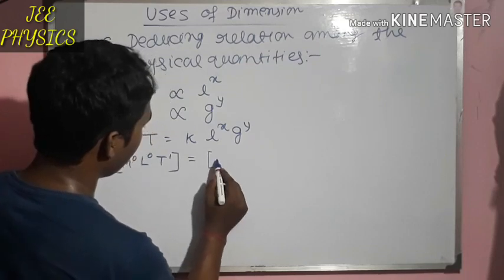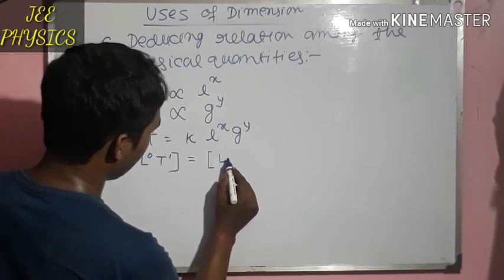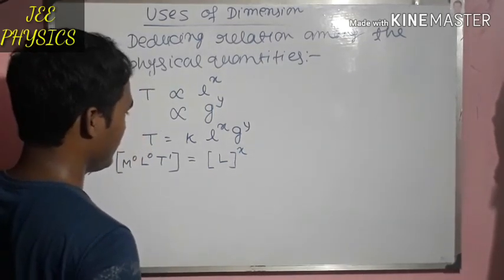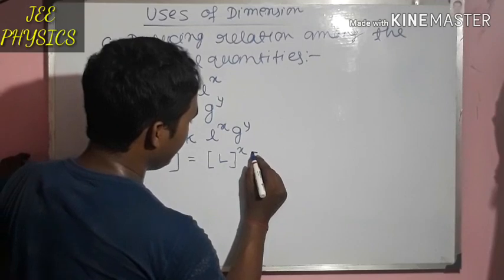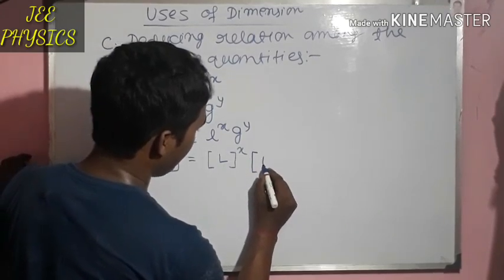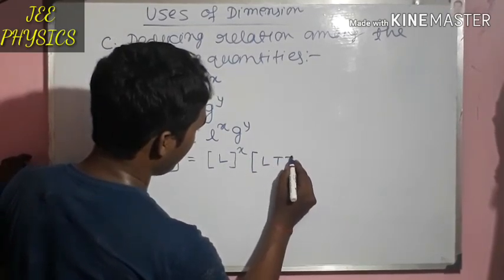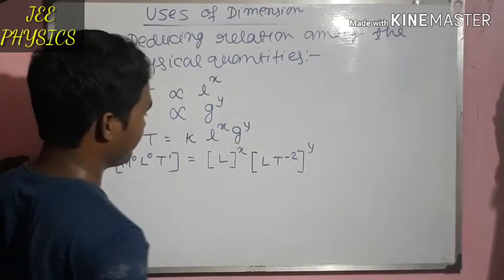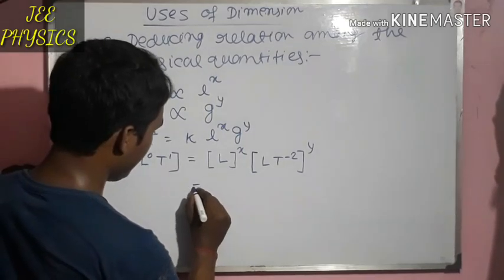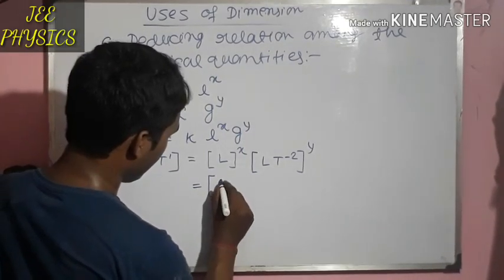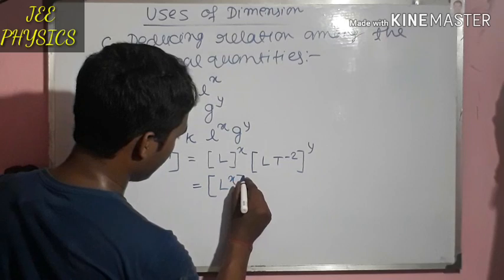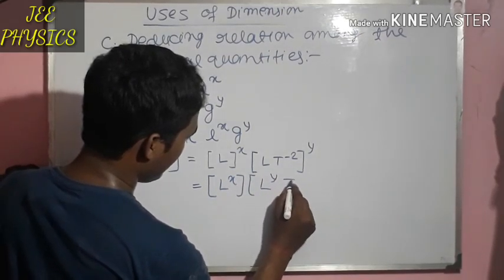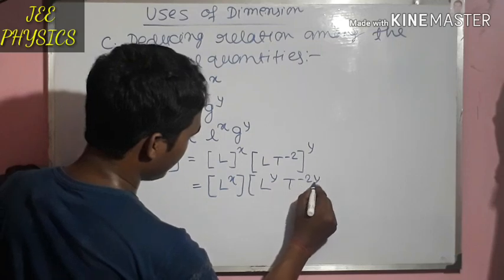Dimension of L is L, as it is length, and g is acceleration due to gravity, so it has dimension L T to the power minus 2, and whole power y. It becomes L to the power x into L to the power y, T to the power minus 2y.